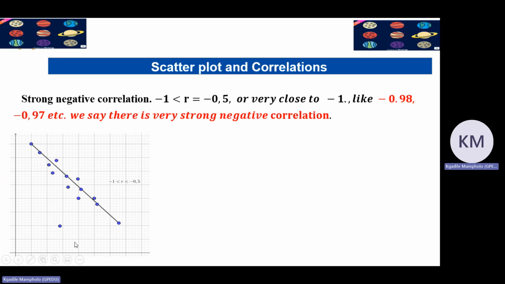We'll ignore it because it's an outlier. Then we'll say there is strong negative correlation, meaning that when you calculate R, your answer must be between -1 and -0.5. And if it's very close to -1, like -0.97, that will be a very strong negative correlation.